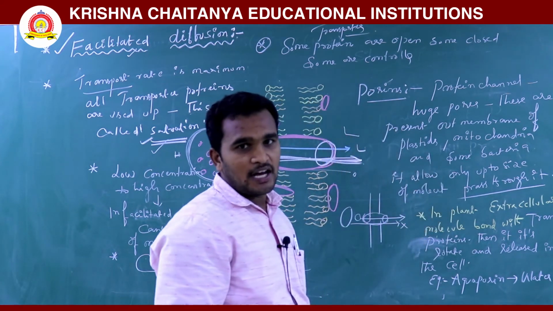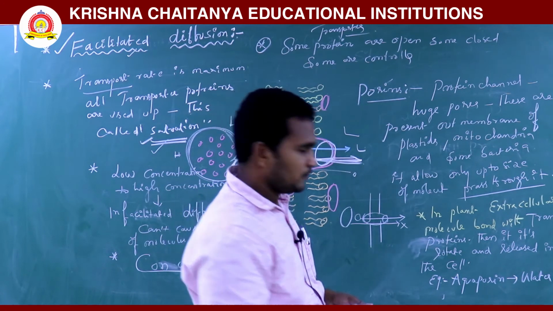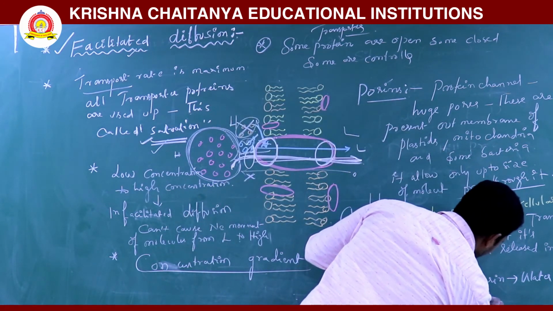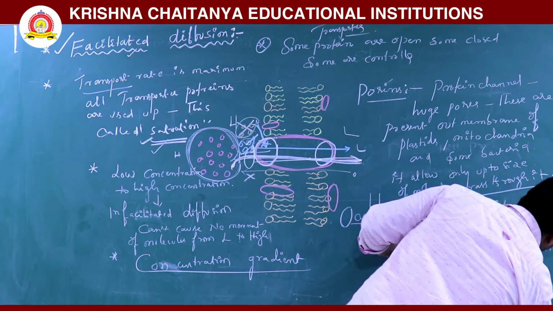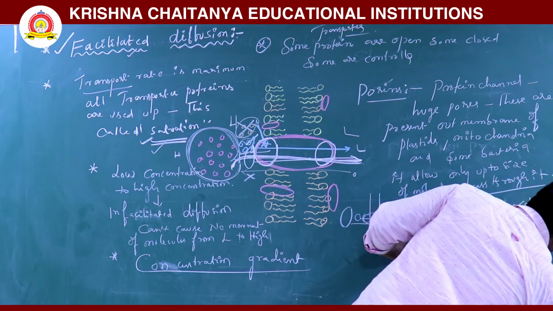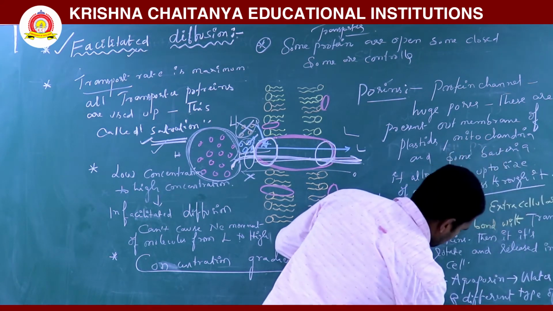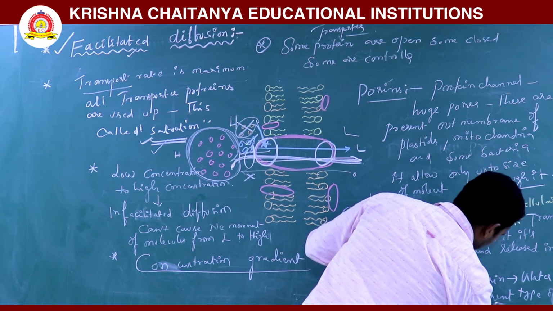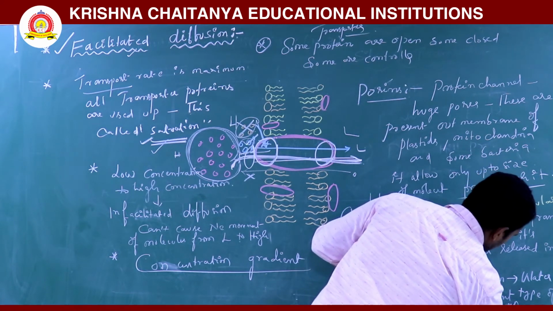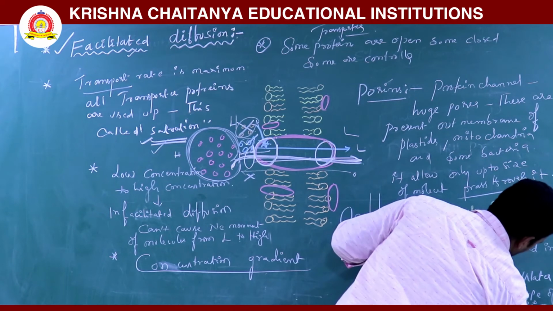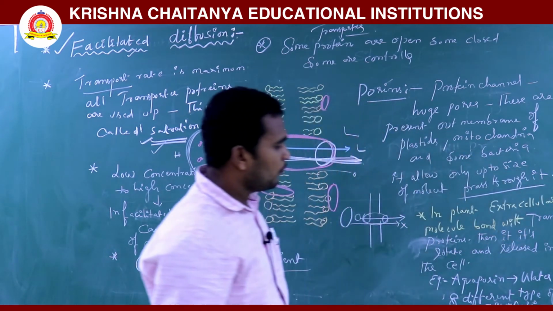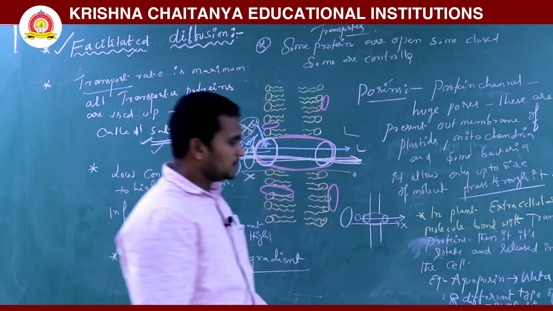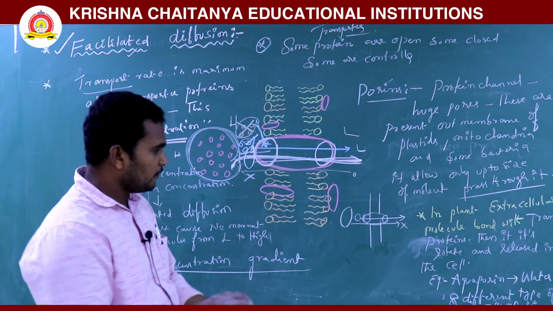Water channels are 8 different types of aquaporins. It also helps in the transportation of water.